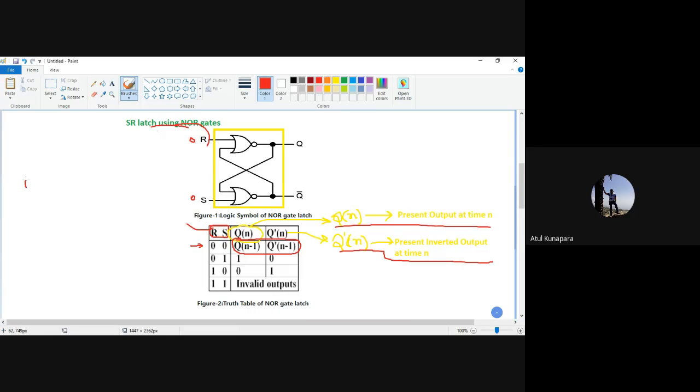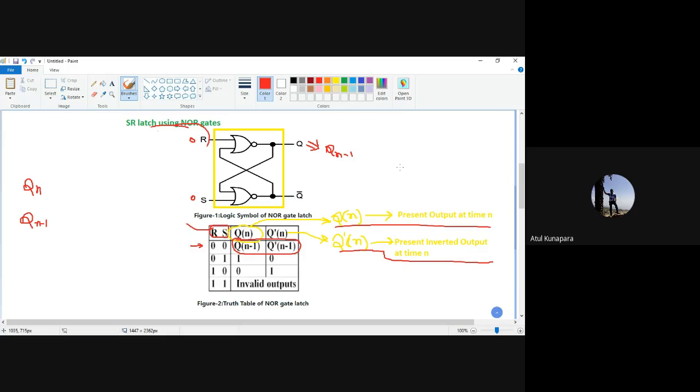You just need to differentiate between these two, the past and the present. Qn is going to be your present output, and Qn minus 1 is going to be your past output. Ultimately, these both are the output which is going to come here only. The output which comes here at that particular moment will be Qn, and if you are considering the moment just before, that will be Qn minus 1.